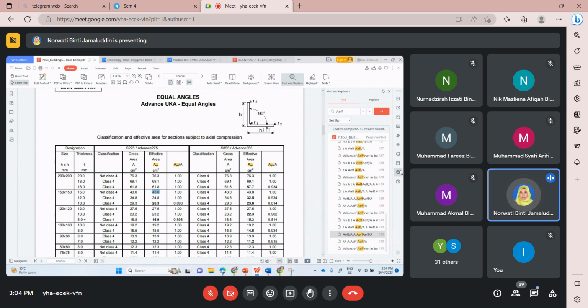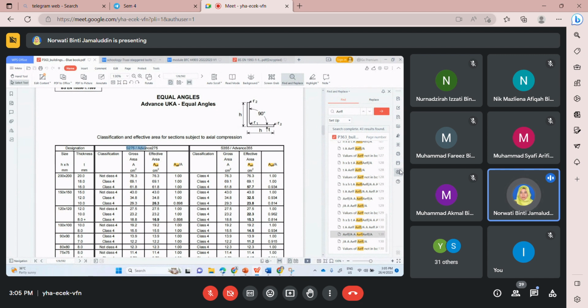Equal single angle. We are using double angle, so we need to multiply by 2. But as you can see here, gross area is equal to the effective area.